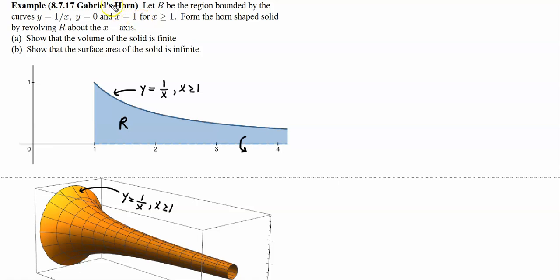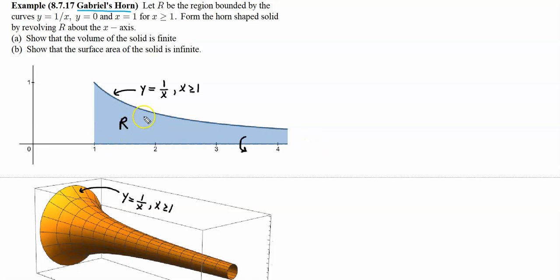Now here's an interesting example we're going to look at. It's called Gabriel's horn. So this is an example of a shape that has a finite volume but infinite surface area. For this shape, we take the curve y equals 1 over x, that we have pictured right here, and then we take the region underneath the curve from 1 to infinity.